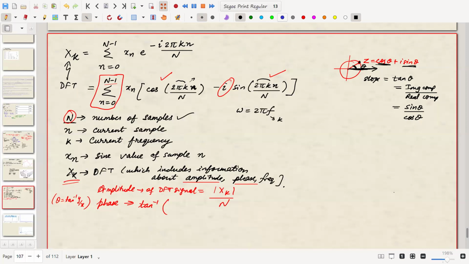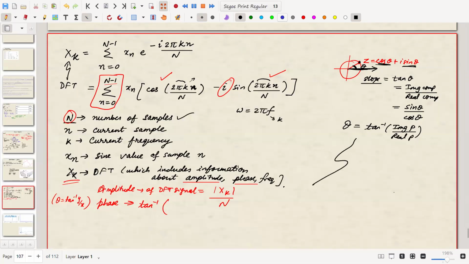Indirectly you also derived that tan theta equals sin theta by cos theta. If you are confused, you can think along these lines. So the slope, or the phase, the angle you want: if you want the angle, you take tan inverse of the imaginary part divided by the real part, isn't it?